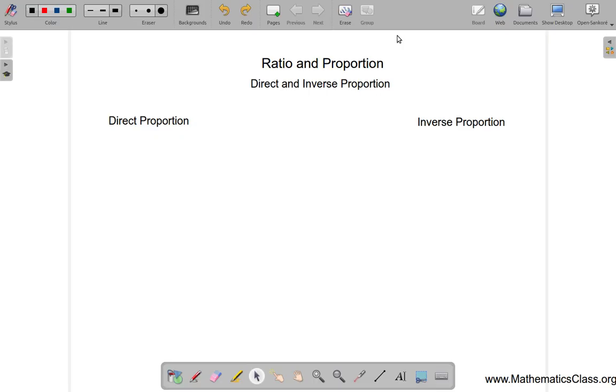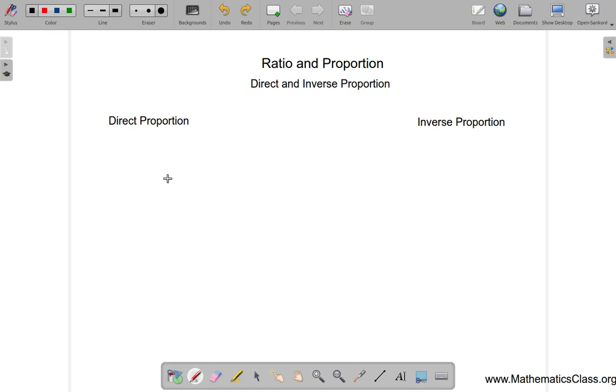Let's talk a bit about direct proportion and inverse proportion. Now, when you talk about direct proportion, you're talking about two quantities that increase together or decrease together.